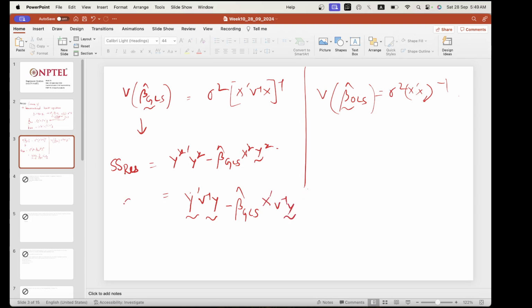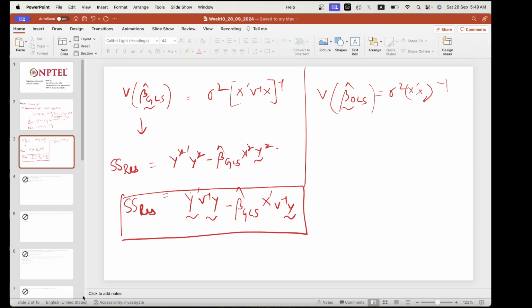So this is the sum of squares due to residual, the generalized form. Alright, so this was all about the week 9 lectures.